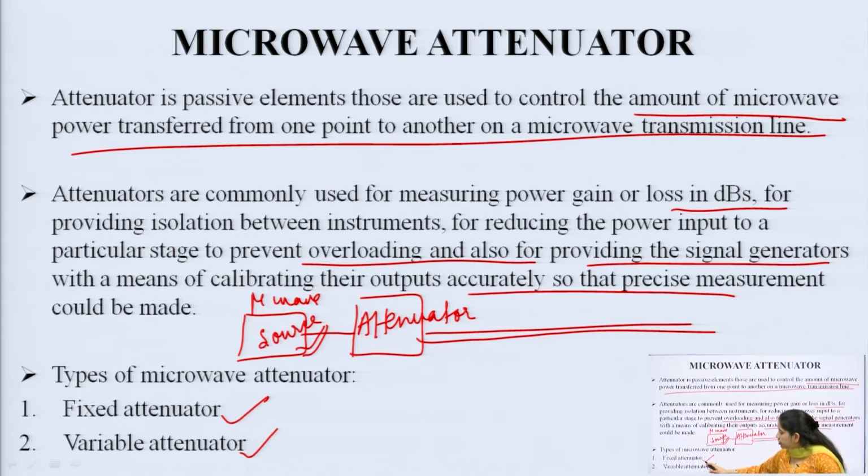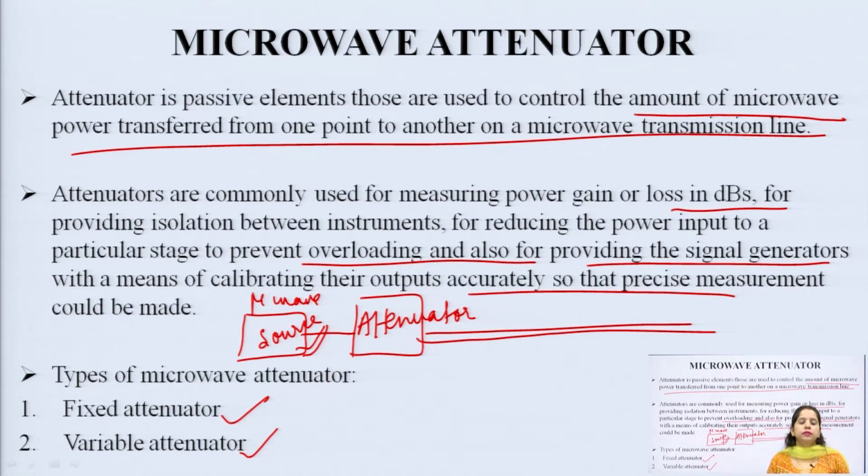Based on how much power we have to reduce, we divide the microwave attenuator into two parts, that is fixed attenuator and variable attenuator. Fixed attenuator means the attenuation the instrument has is fixed, we can't change it. If it provides attenuation of 1 dB or 2 dB in our system, it is fixed. If we want to reduce the power by 4 to 5 dB, we can't do this.